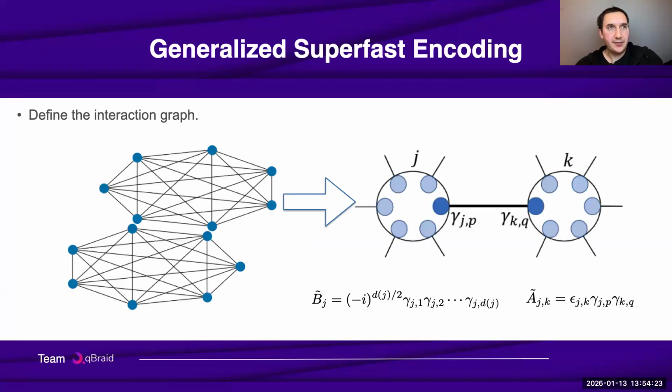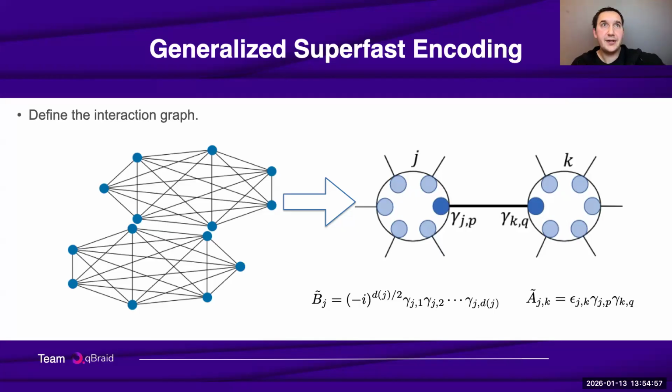Standard mappings like Jordan-Wigner and Bravyi-Kitaev work in fermionic space, where you have these dots representing your fermionic modes. Here, we're going to define an interaction graph. If there's an interaction or a hopping term between two modes, then we put an edge between the fermionic mode vertices.